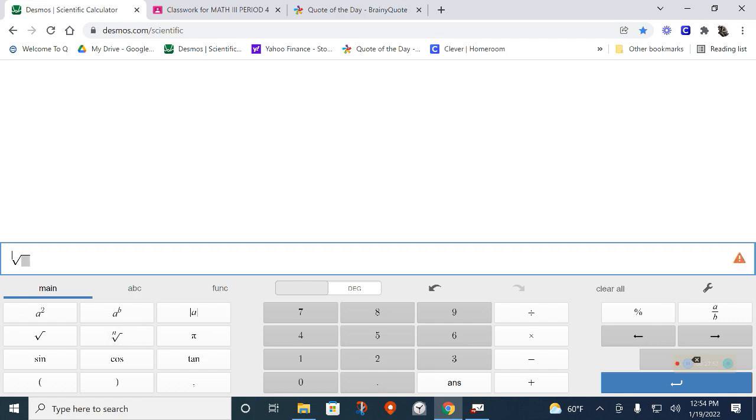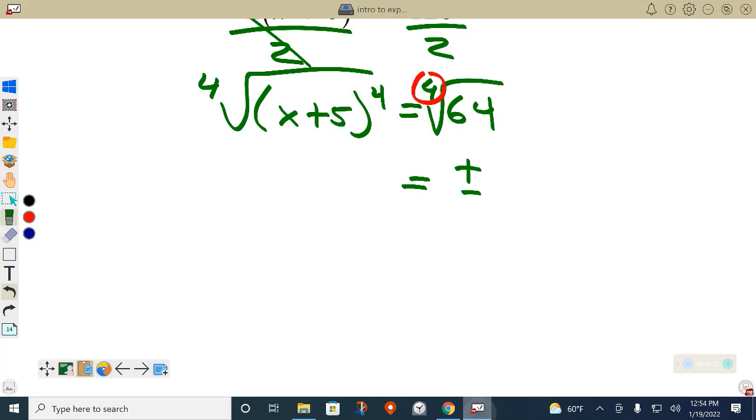Nope, it's not a whole number, so I'm gonna have to approximate. I'm gonna go to the second decimal, 2.83. But it's a positive and negative 2.83, because again, that index is even, careful.